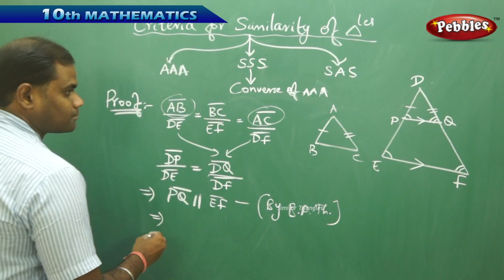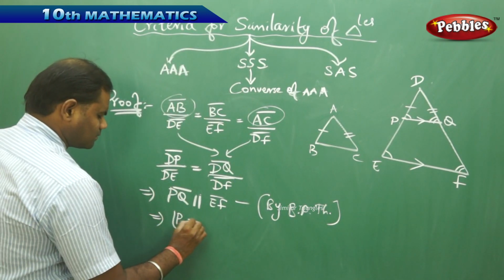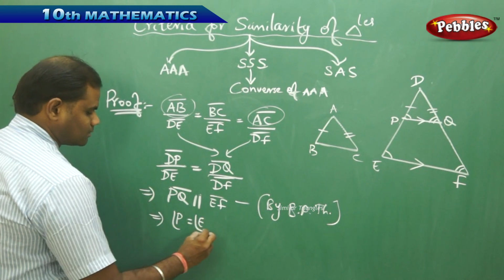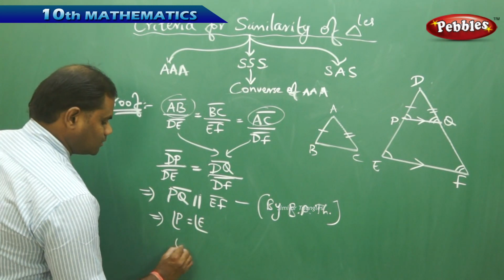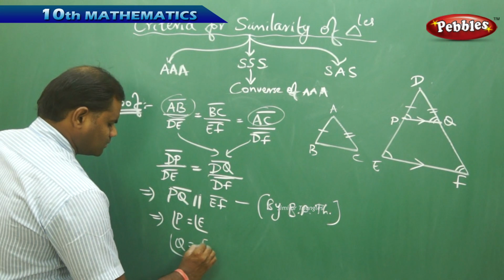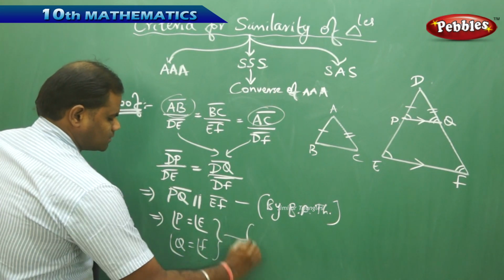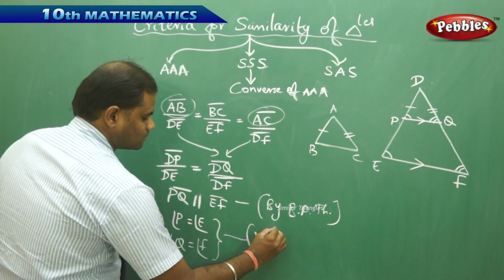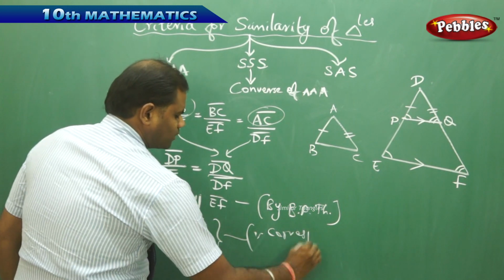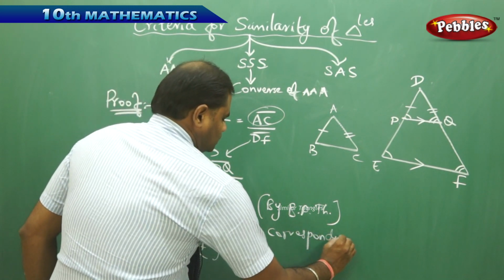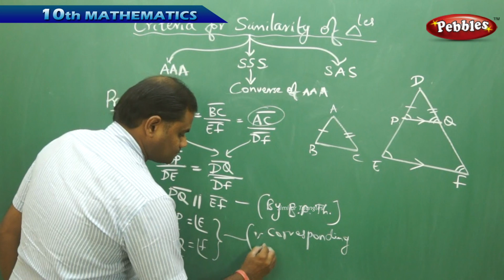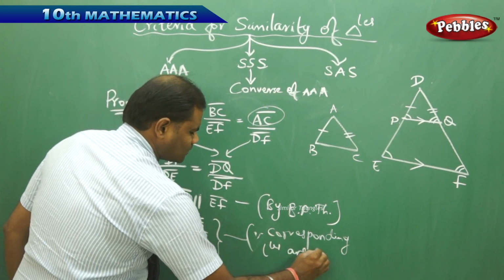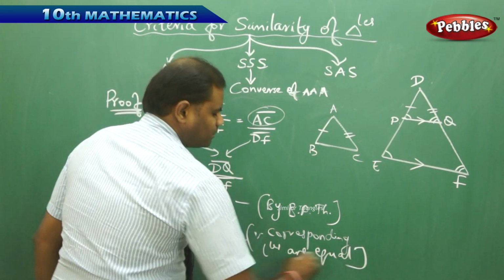That implies angle P equals angle E and angle Q equals angle F, since corresponding angles are equal in parallel lines.